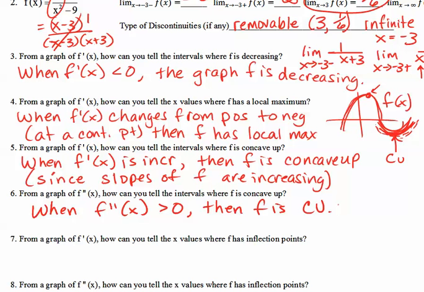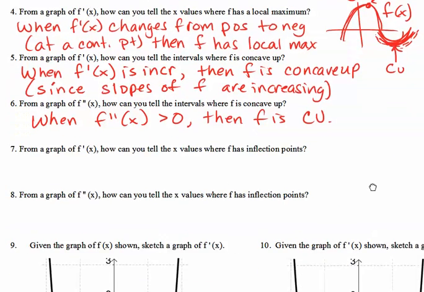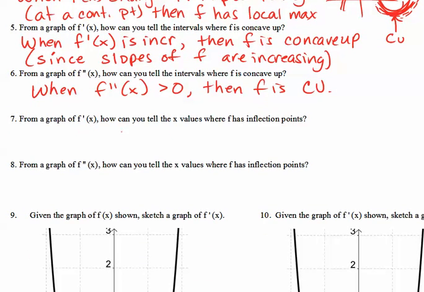From a graph of f prime, how can you tell the x values of inflection points? Well, let's think about it. When f prime is increasing, we have concave up, and when f prime is decreasing, we have concave down.